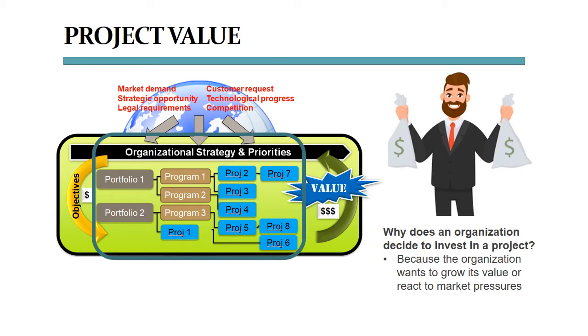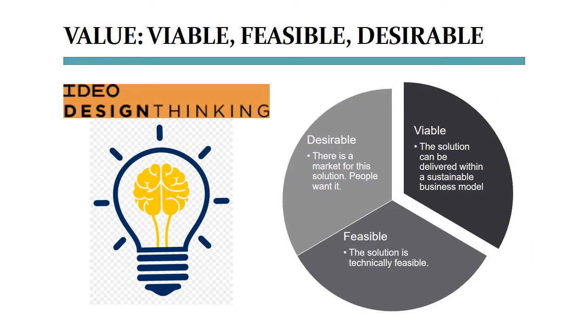But how does a company know which portfolios, programs, and projects are the right ones to invest into? This is where the IDEO framework comes in, developed by the IDEO Design Thinking Company. These three variables you're seeing here are particularly useful when evaluating potential projects from an idea perspective.